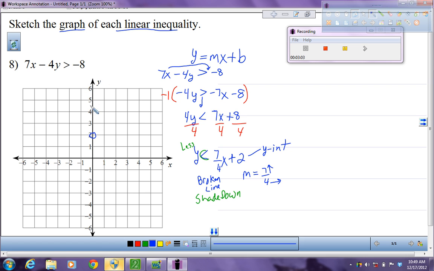Now since I cannot go 7 up and 4 to the right, then I should be able to do the opposite, and it'll be the same thing. 1, 2, 3, 4, 5, 6, 7. 1, 2, 3, 4. And also another thing to check, of course, since your slope is positive, then you should be able to go in a positive direction when you're doing this line.